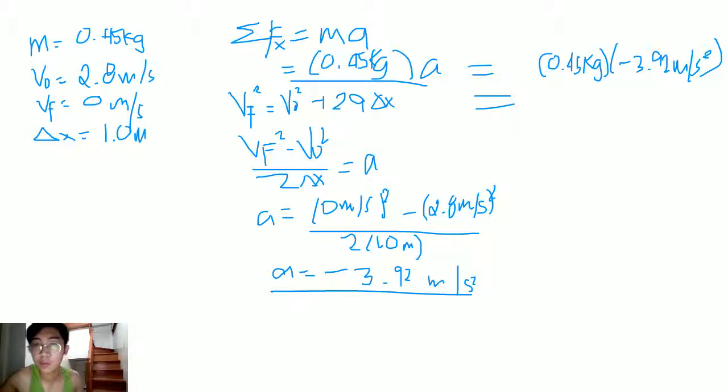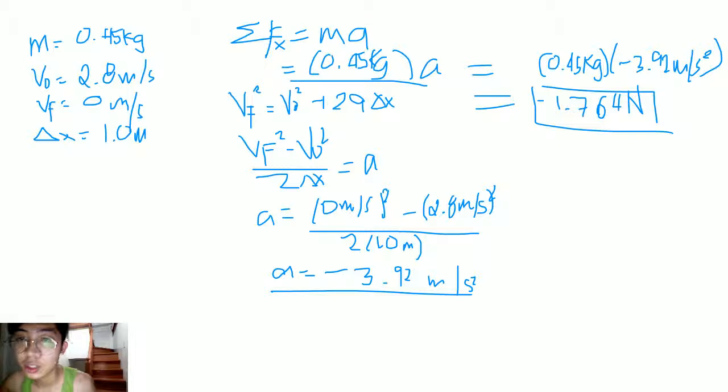That will be equal to negative 1.764 Newton. So, ito na ang ating magiging sagot sa ating friction force, which will be negative 1.764. And ang kanyang direction would be to the left.